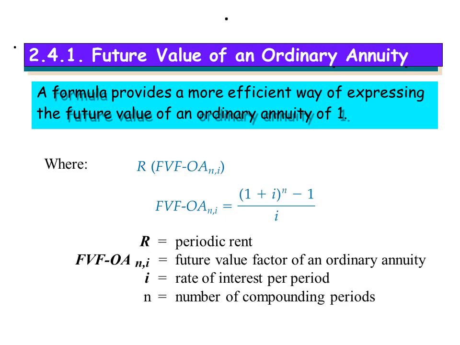This is a formula that provides an efficient way, or we have also seen it in table form. Then R is the periodic rent, I is the rate of interest per period, and n is the number of compounding periods, how many times the frequency of payments.